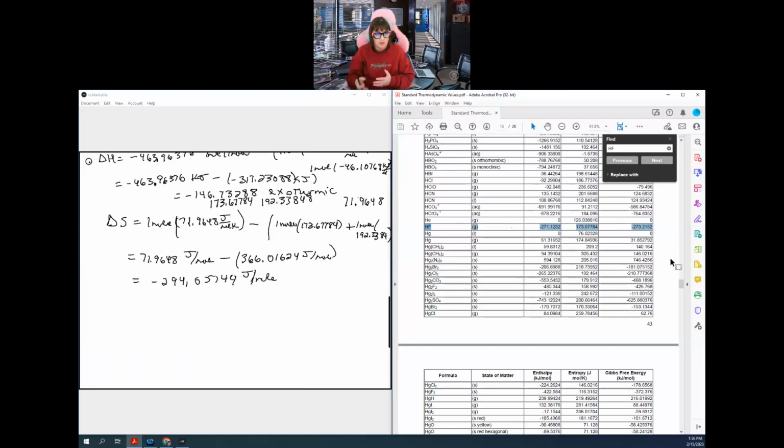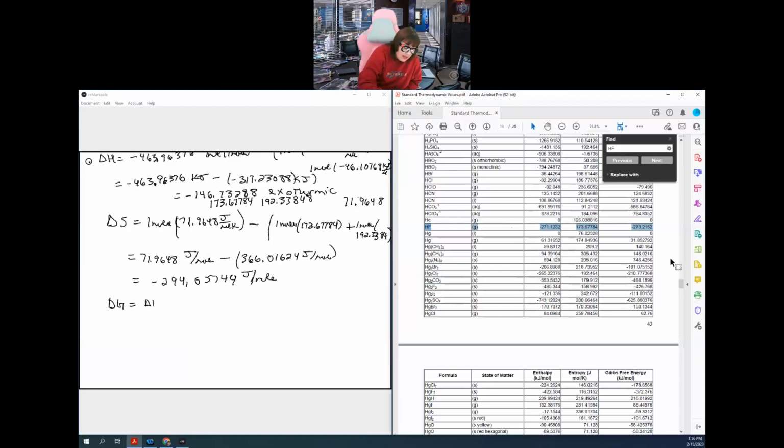The only time that this can be spontaneous is when my temperature is a small contributor to this. Now, can it happen? Yeah, it probably can, and we could calculate the temperature at which it could become that, but right now we're going to calculate delta G.